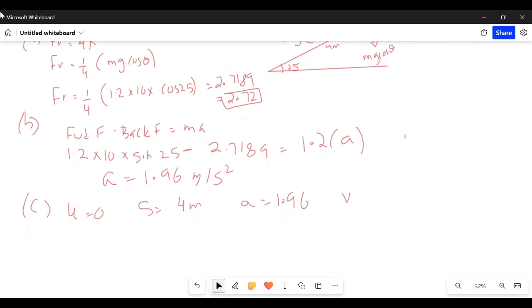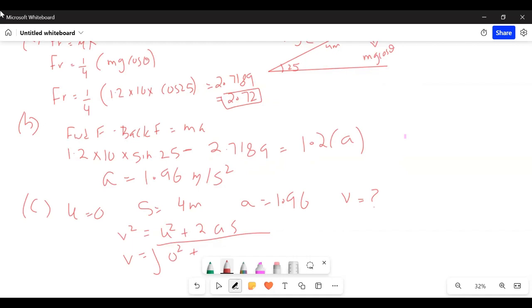So we can use V square is equals to U square plus 2AS. So it's going to be V equals square root of 0 square plus 2 times 1.96 times 4, which gives 3.96.